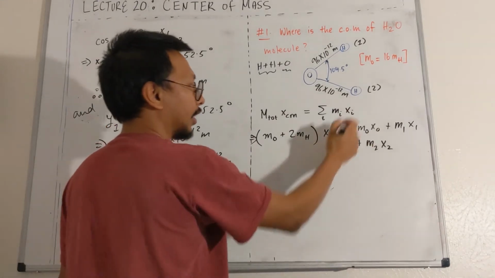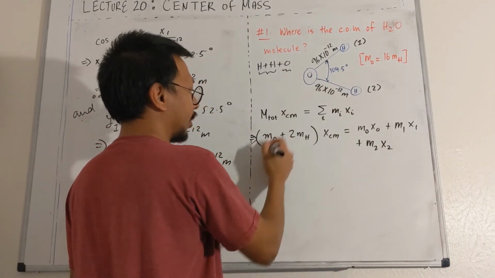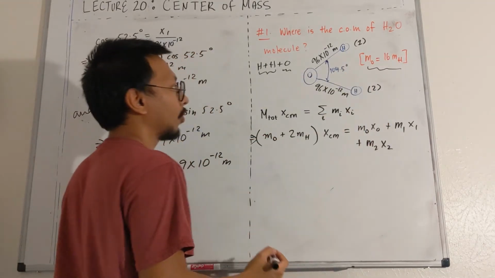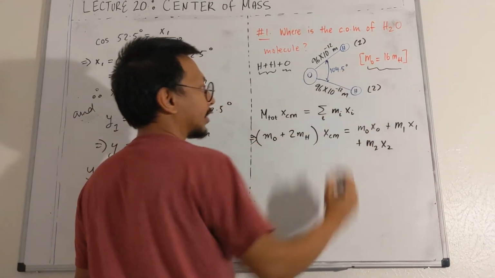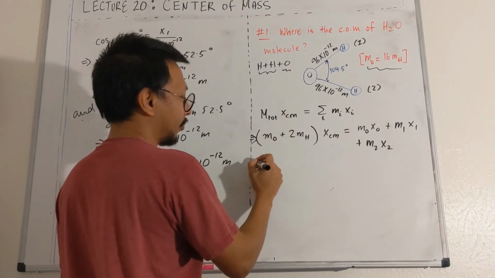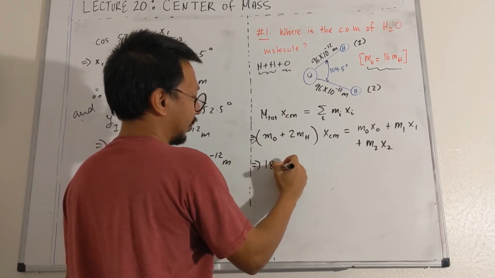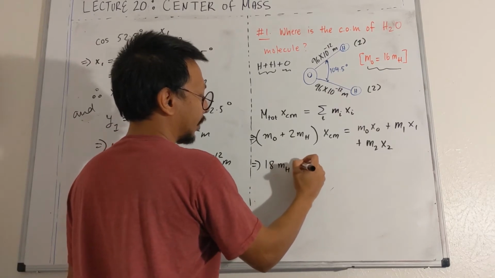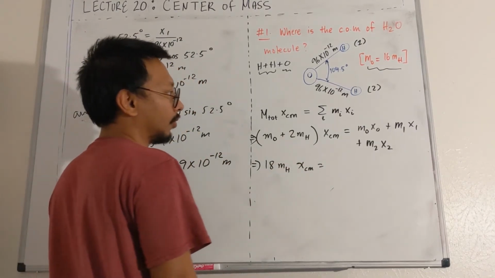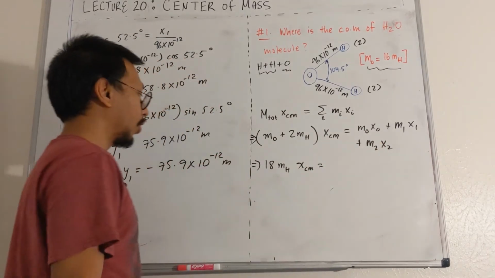All right, that is all that is in this equation. Now remember what M0 was. MO or M0, whatever you want to call it, is 16 times the mass of the hydrogen. So 16 mass hydrogen plus 2 mass hydrogen would be 18 times the mass of the hydrogen times the x center of mass position. This is equal to, now our coordinates come into play.